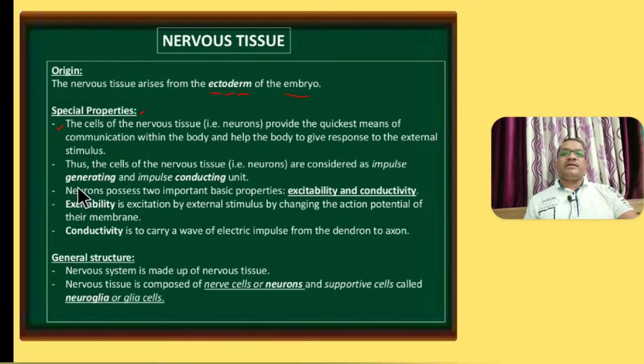The second property of the neuron is, so the cell of this nervous tissue, that is the neuron, is considered as an impulse generating and impulse conducting unit. So, the neuron plays an important role in impulse generation.